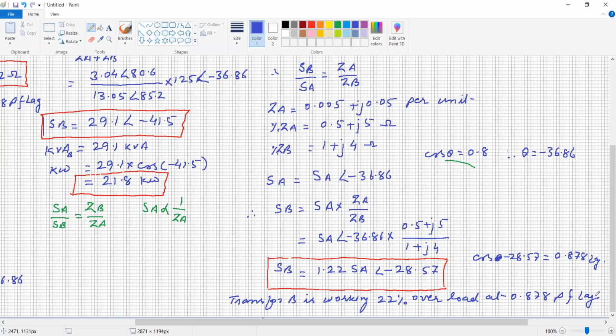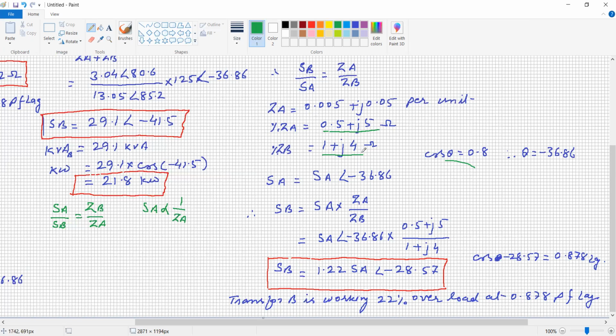Now look at the figures. ZA is 0.5 plus J4, isn't it? And whereas the second, it is 1 plus J4, isn't it? So here the ratio of resistance to reactance for transformer B is smaller, therefore it will share more power.